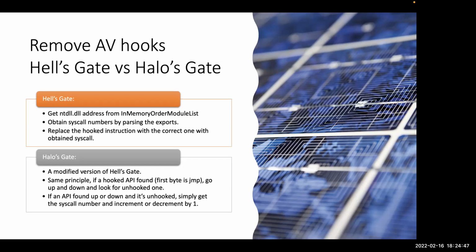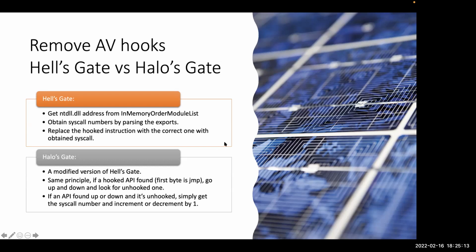It has a list of APIs that are being used by malware and puts a hook there, or it's not necessarily a hook, it's a jump instruction in the assembly. Once you hit this jump instruction, it will go somewhere else in the code, probably the antivirus memory space, do some checking there, and then it will be sent to the original address.